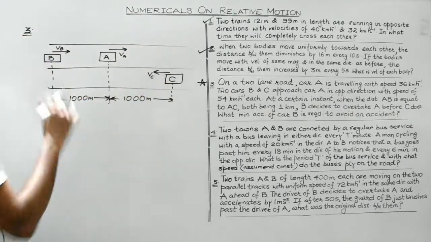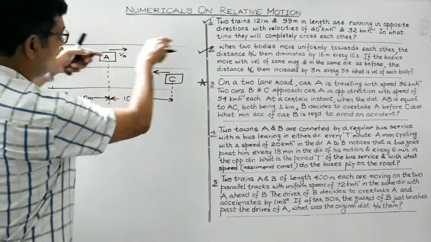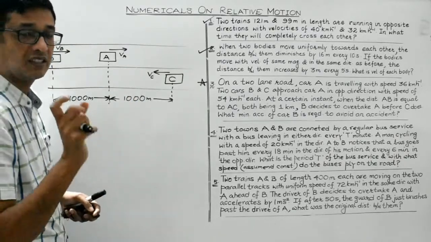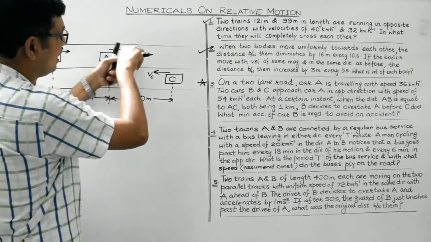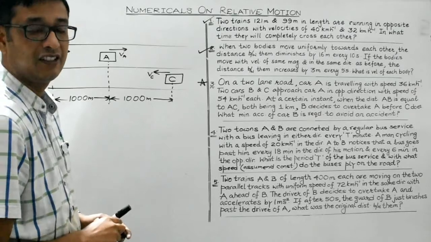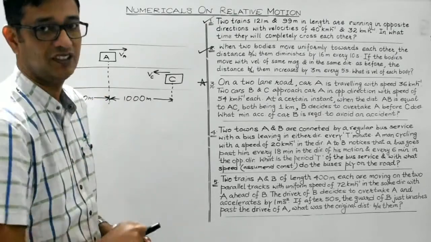So this is the representation. All the three bodies are moving, A, B and C. Now the nature of the question is such that B needs to overtake car A before C crosses A, right? So what is the minimum acceleration car B must possess?